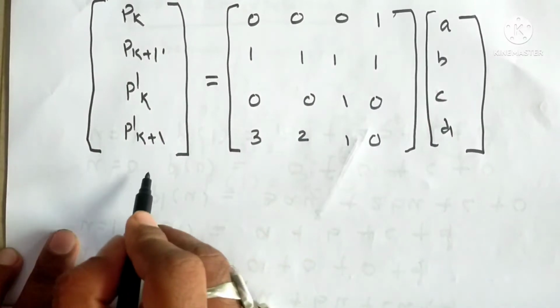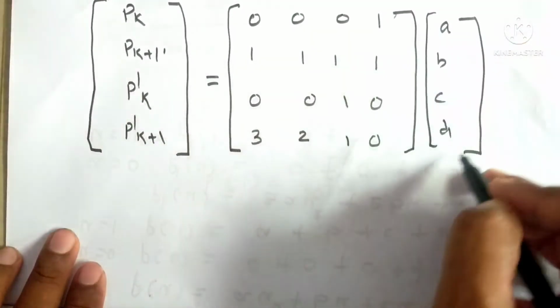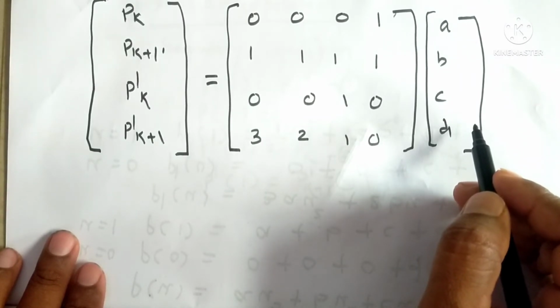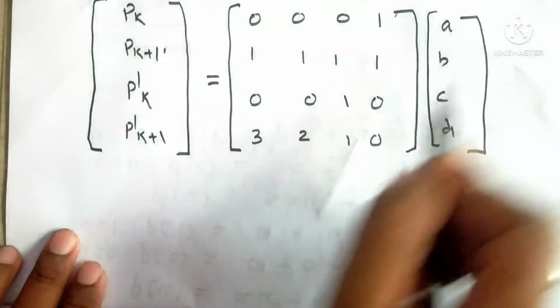So, because I am interested in the coefficients, if you can find the coefficients, then I can represent your cubic spline curve. So how to find that ABCD?